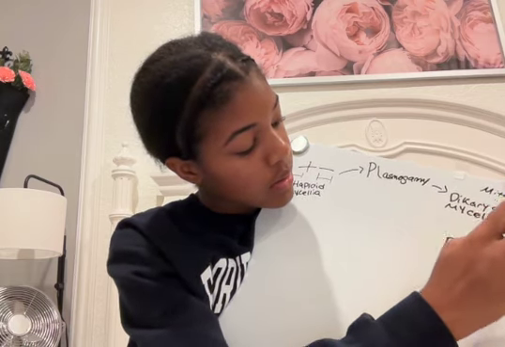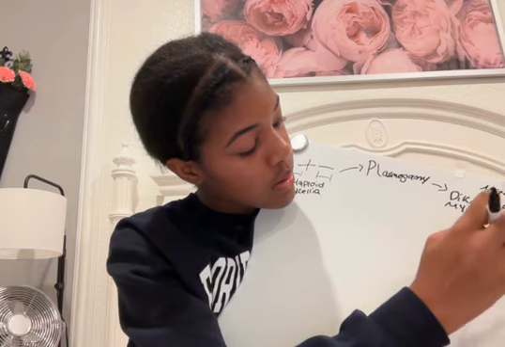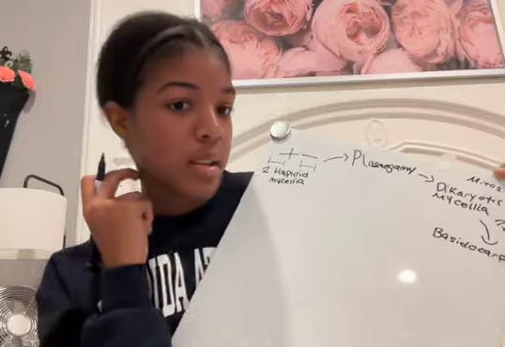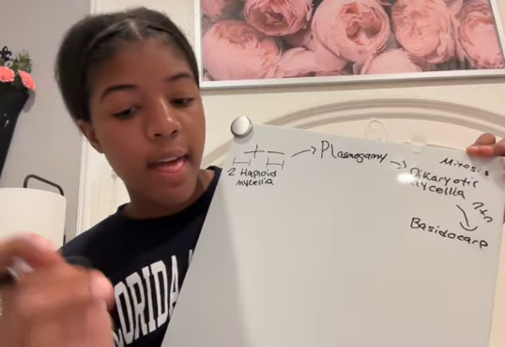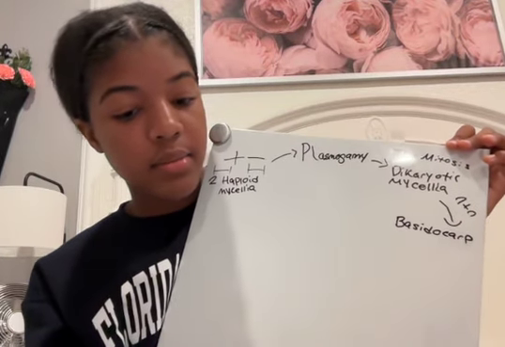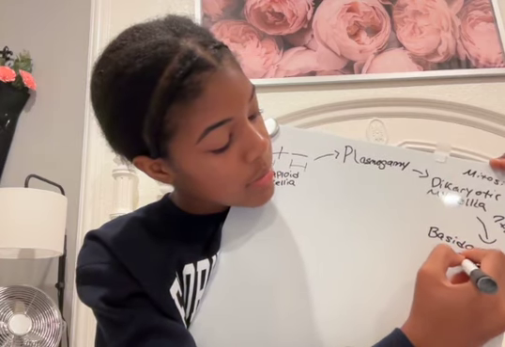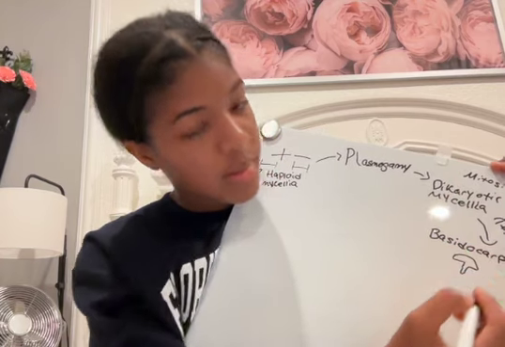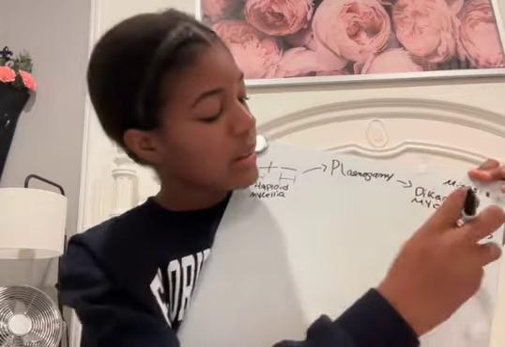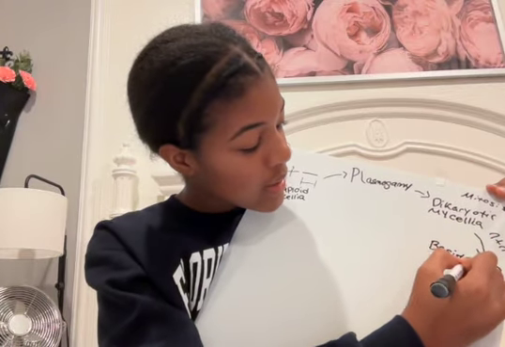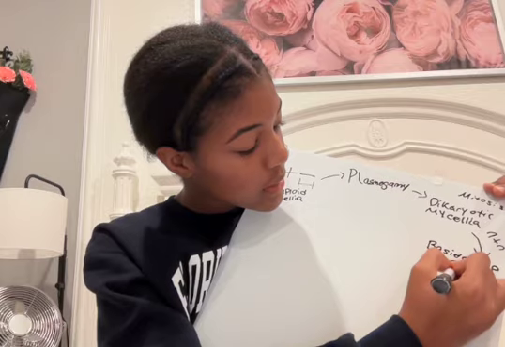That looks bad. Hold on. Our basidiocarp, and it is N plus N. Remember, it's a little mushroom at this point. This is our mushroom. It looks very bad. I don't know how to draw a mushroom like that.